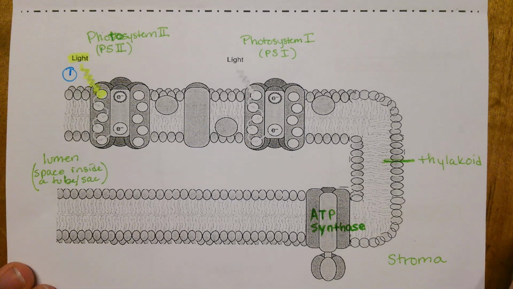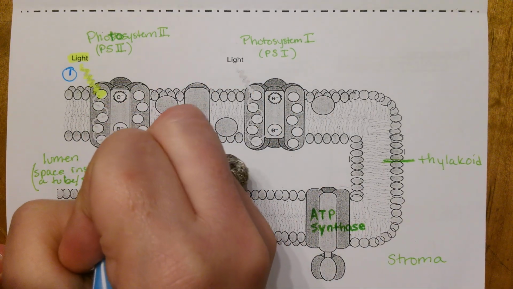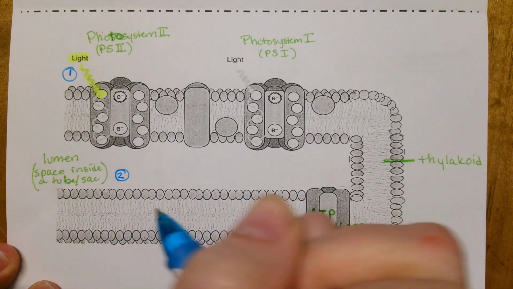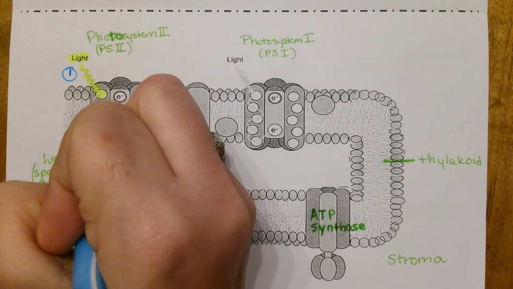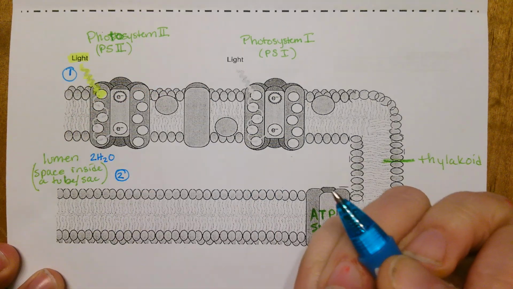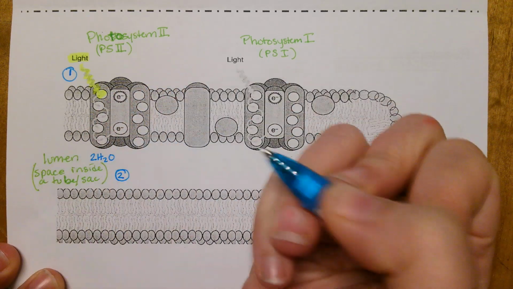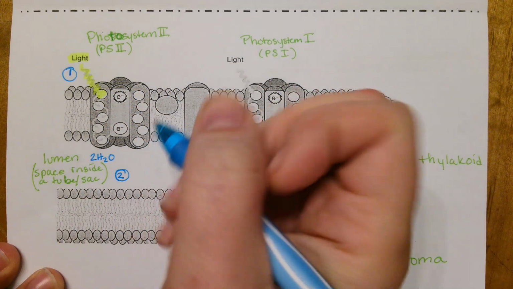Step 2 is going to happen down here in the lumen. Okay, so in the space inside, we're going to take 2 water molecules. Okay, and the water molecules are going to be broken by aspects of the photosystem.